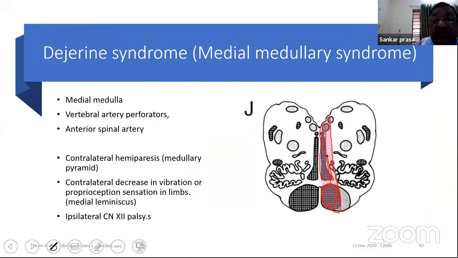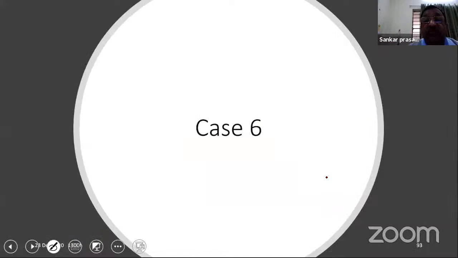Then you have contralateral hemiparesis, that is the medullary pyramid is involved, contralateral decrease in vibration and proprioception sensation in the limbs because of medial lemniscus involvement, and ipsilateral cranial nerve 12, that is hypoglossal nerve palsy.